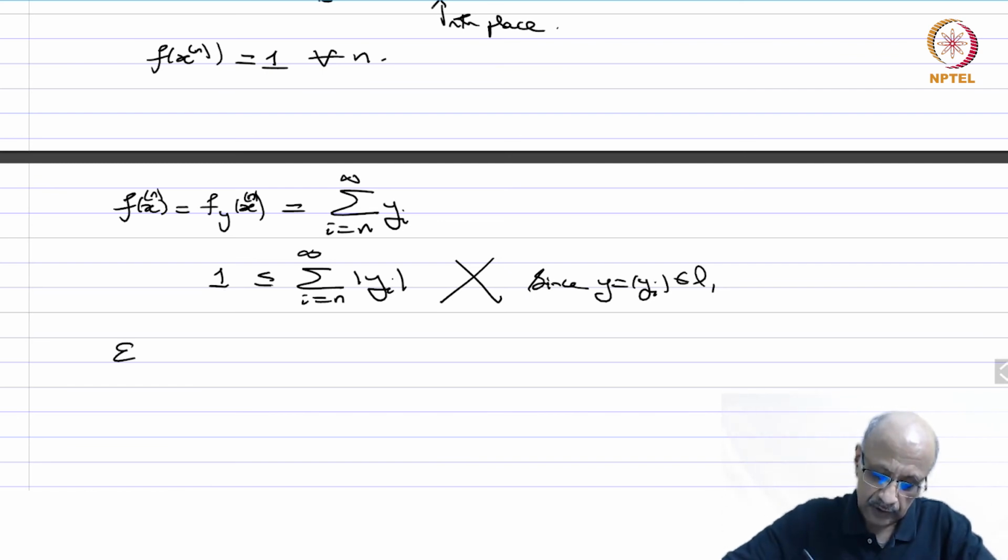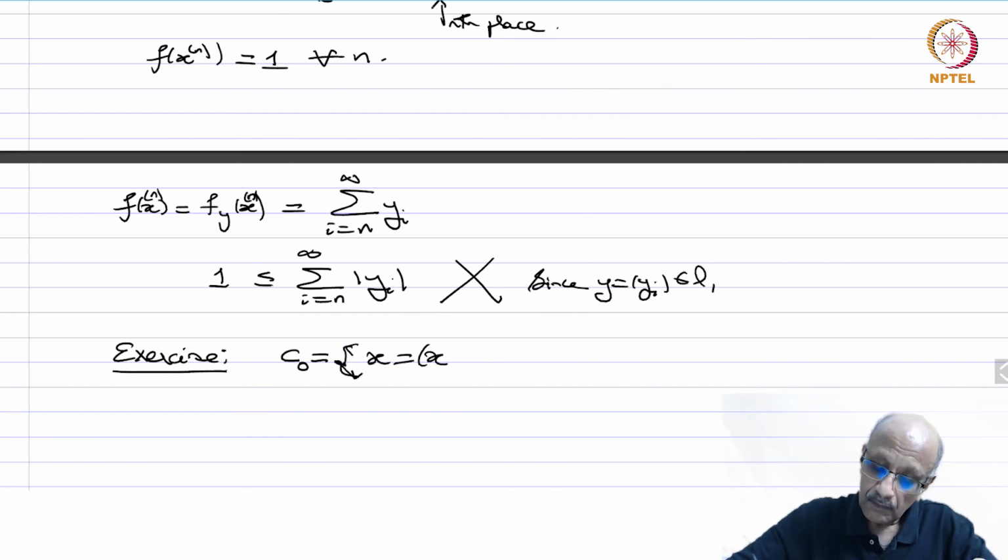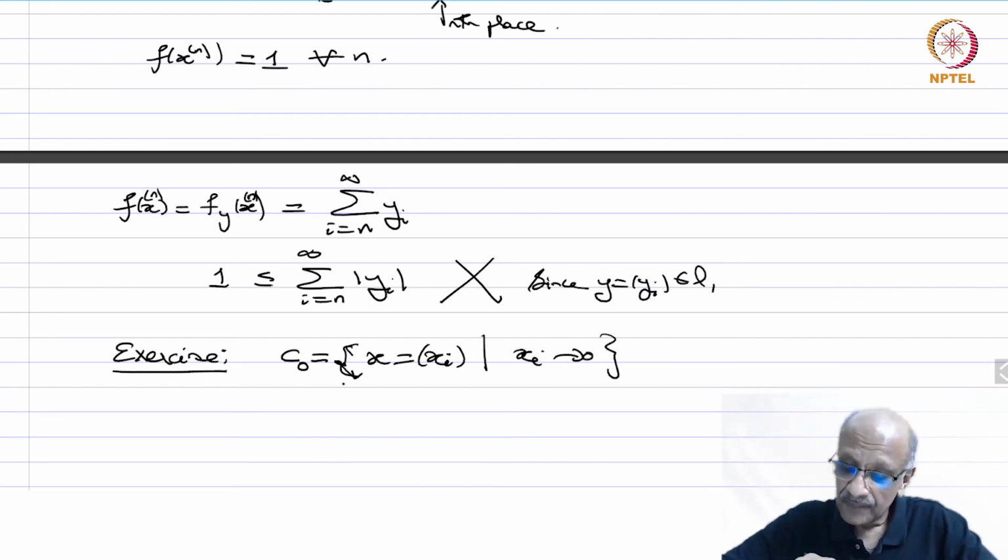So in fact you can check this as an exercise. We looked at c0 in the exercises of the previous chapter. This is the set of all x which converge to 0, and we saw this was a closed subspace of L infinity. So it is a Banach space of its own.